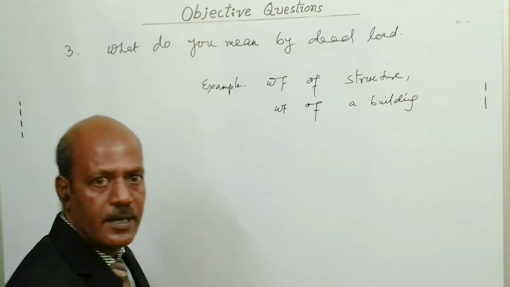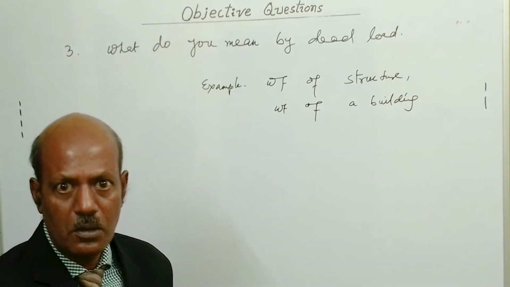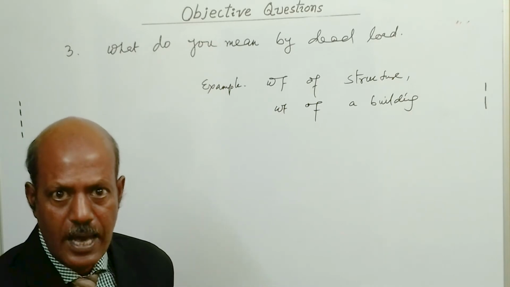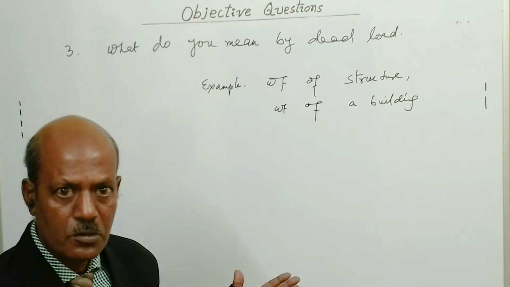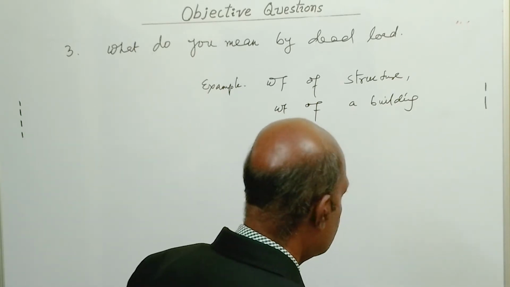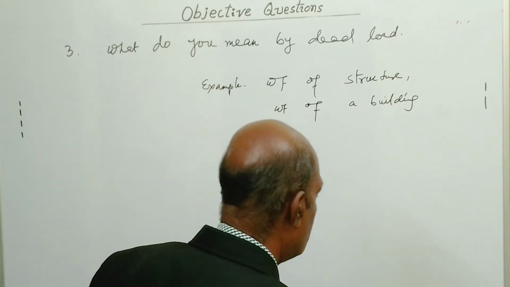These are dead loads. The magnitude of the load will not vary with respect to time, so it will remain the same throughout its life. Also it remains at the same location. So that load comes under dead load.